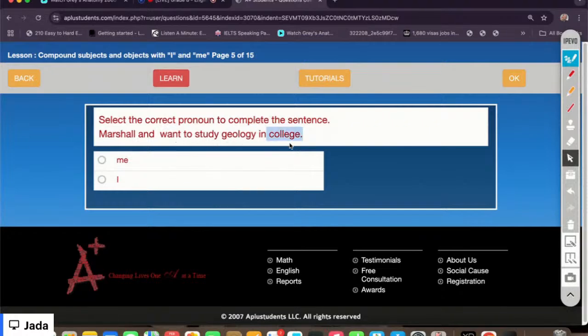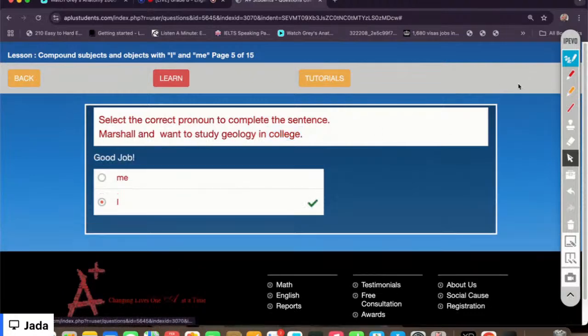Marshall and blank went to study geology in college. So Marshall and I, because if you take away Marshall, you can say I want to study geology in college.